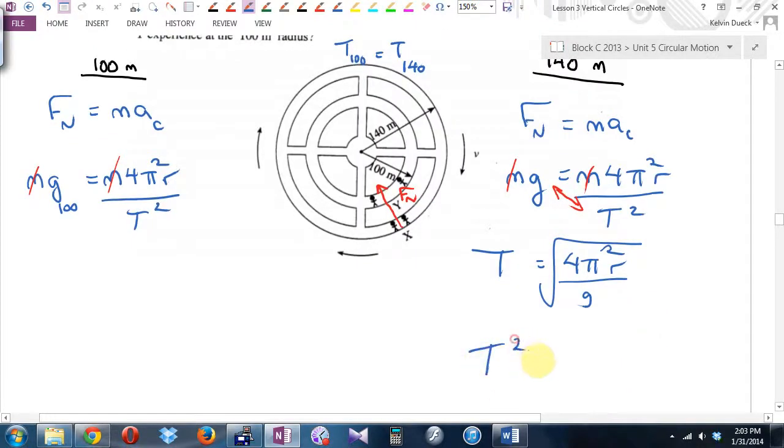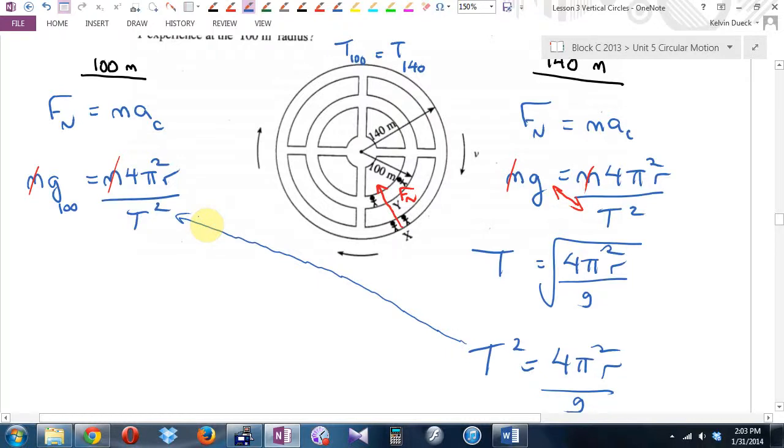You know what? I think I'm going to leave this as T squared. You know why? Couldn't I just plug all those variables right into there? I bet a lot of stuff is going to cancel out quite nicely. The only problem is the r's are different.